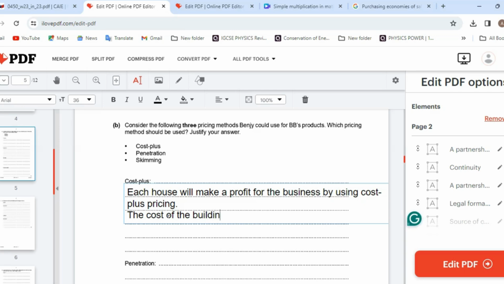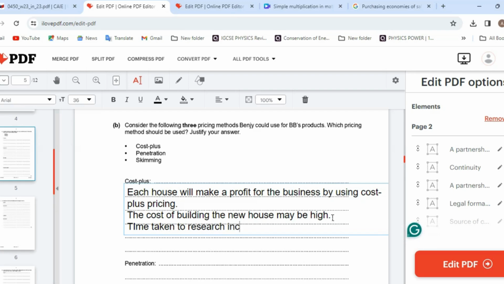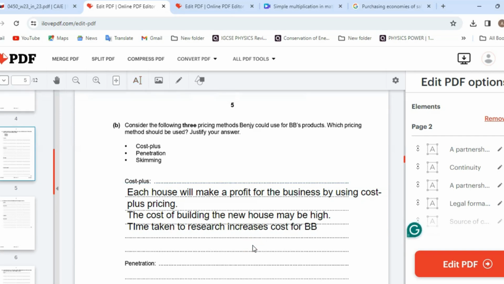When they add the fixed percentage, that is, adding labor and such, the price can be less competitive, which can lead to the company losing customers. Also, time taken to research increases cost for BB.